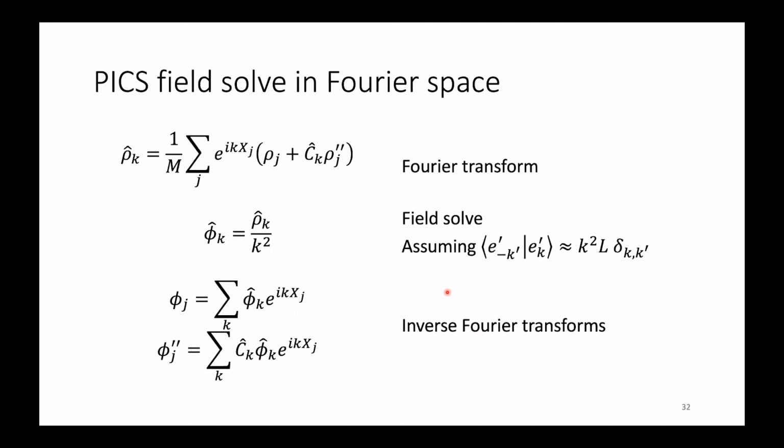I also need to tell you how to do the field solve. We've chosen to do this in Fourier space. And so we can Fourier transform our rho j and rho j double prime to come up with a rho k. Then we're going to pretend that these cubic approximations are actually the Fourier modes. And we'll pretend that each one exactly approximates the Fourier mode that it's supposed to be.